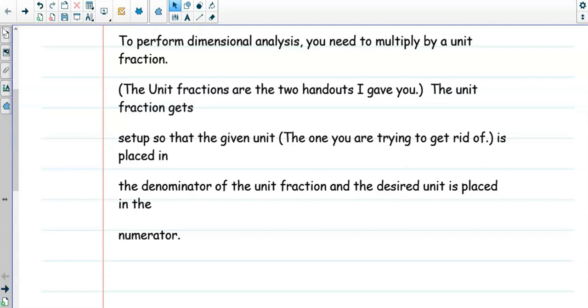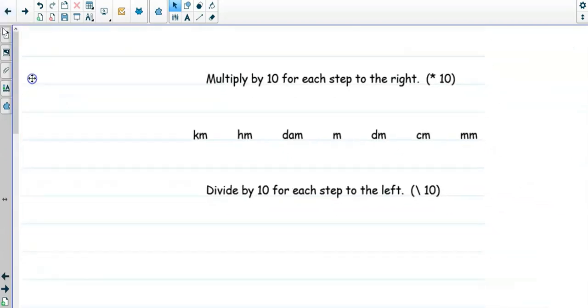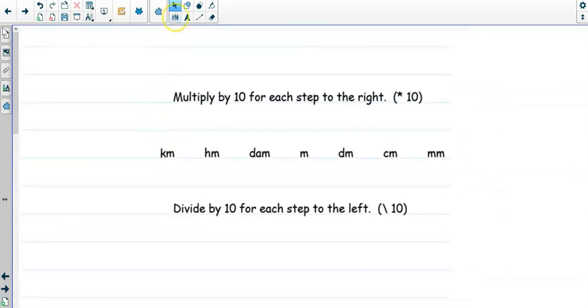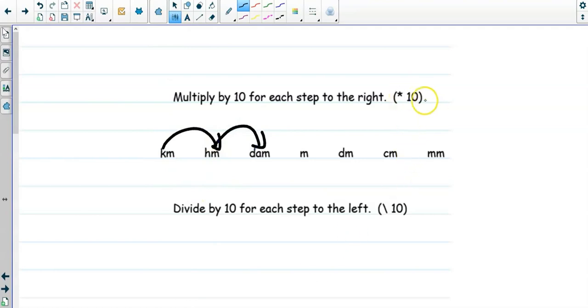So right here, I show you the metric system. I kind of already showed you that in the notes, but in the metric system, if you want to go from large to small, you're moving to the right. Whenever you move to the right, you're going to multiply by 10, and every jump is a multiplication by 10.